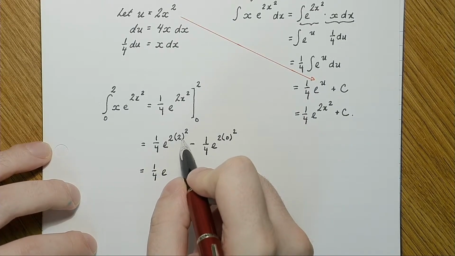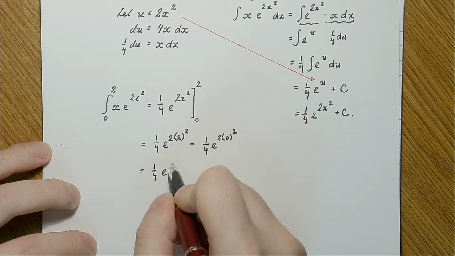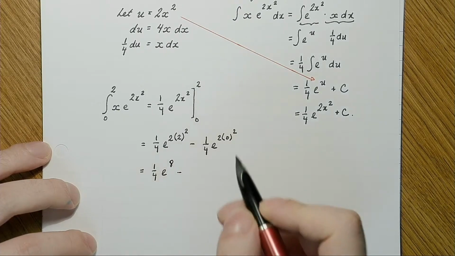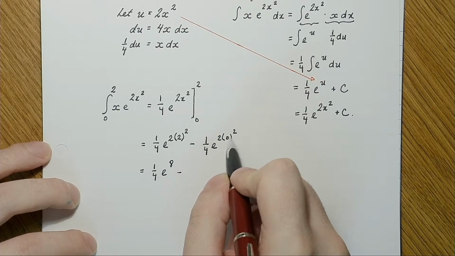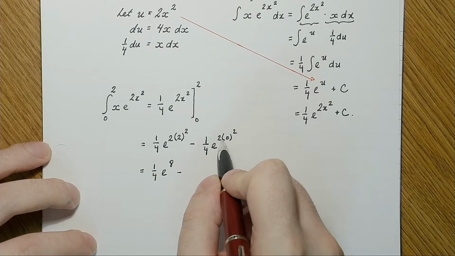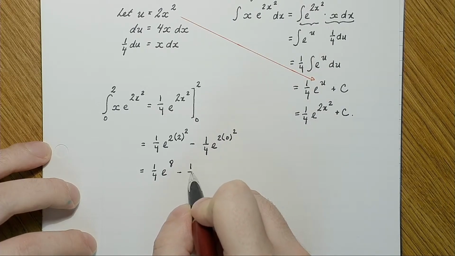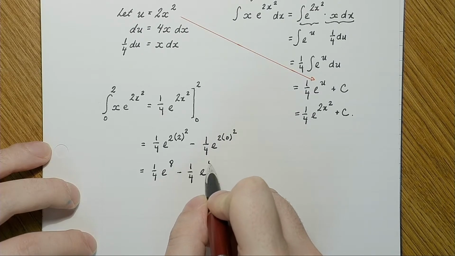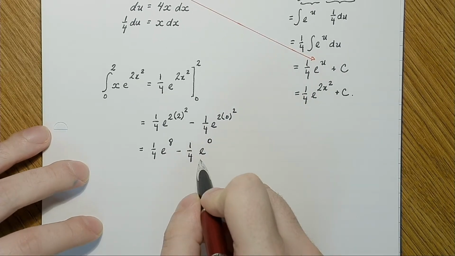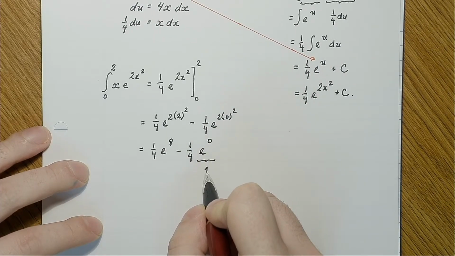Two squared is 4. 4 times 2 is 8. Minus, over here I have 0 squared, so that's 0 times 2 is still 0. So I get 1/4 e to the 0. E to the 0 is 1.